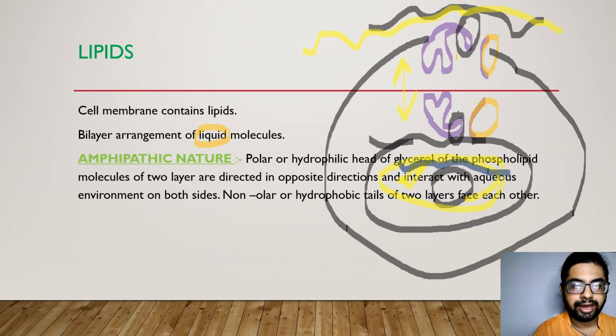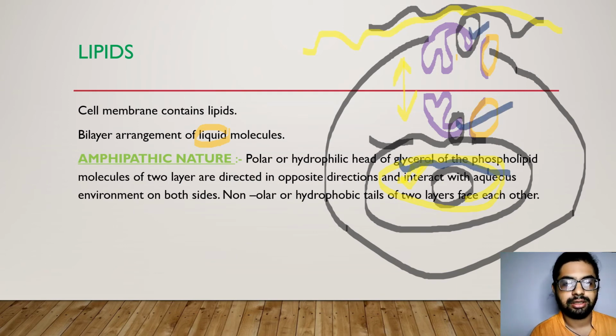So if these heads were hydrophobic, then they would not stay in this bilayer arrangement. It is the hydrophilic portion of these lipid moieties or molecules which helps to retain this bilayer structure of the plasma membrane.